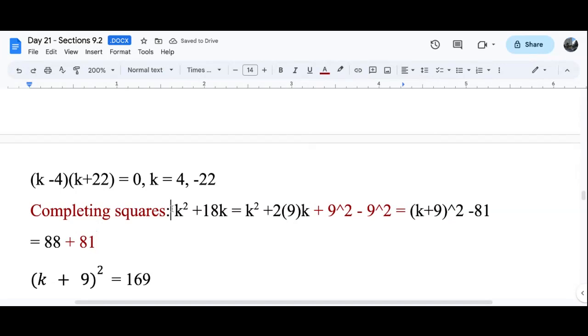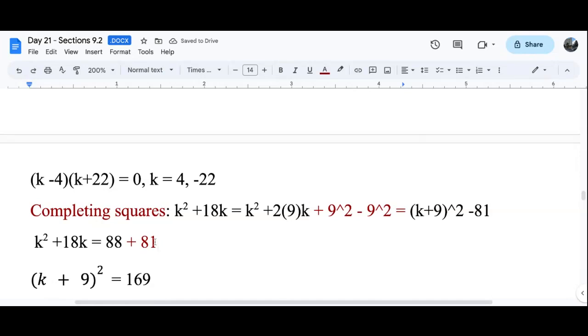Let's make sense of this. So I'm focusing on k squared plus 18k, right? I want to change this one. I want to rewrite this one as a perfect square. So I read it this way. Now we started with this, so what did we add?